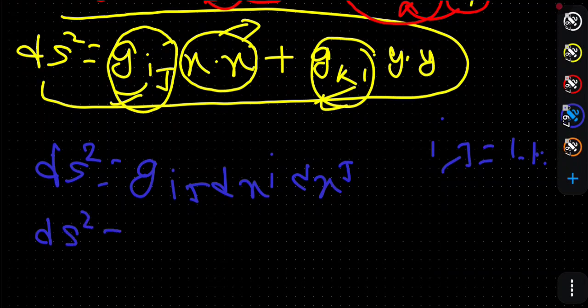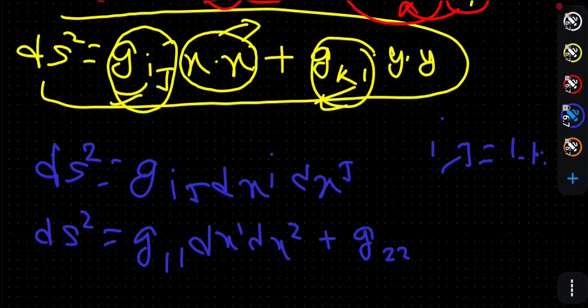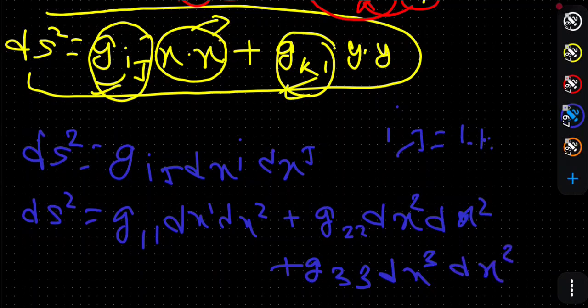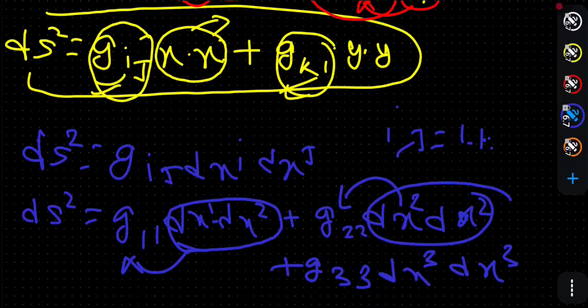So the distance between the two points is g11 dx1 dx1 plus g22 dx2 dx2, similarly g33 dx3 dx3. So what you will see here is that beside every one of these differentials dx, that is, the norm of these differentials, there is a metric tensor.